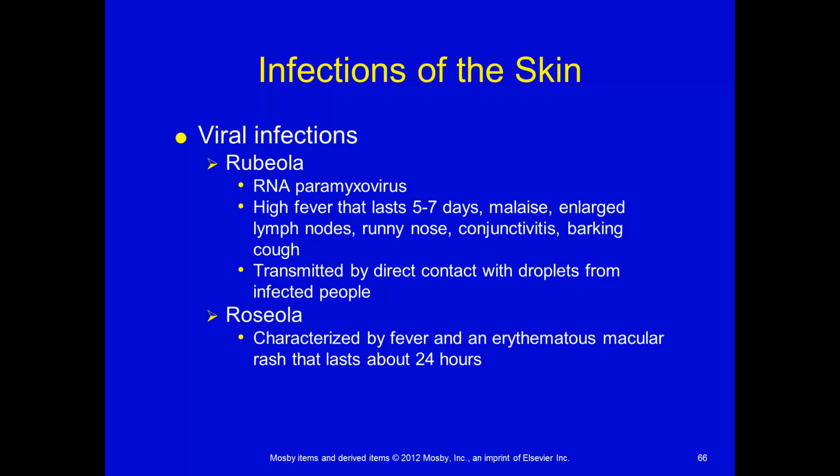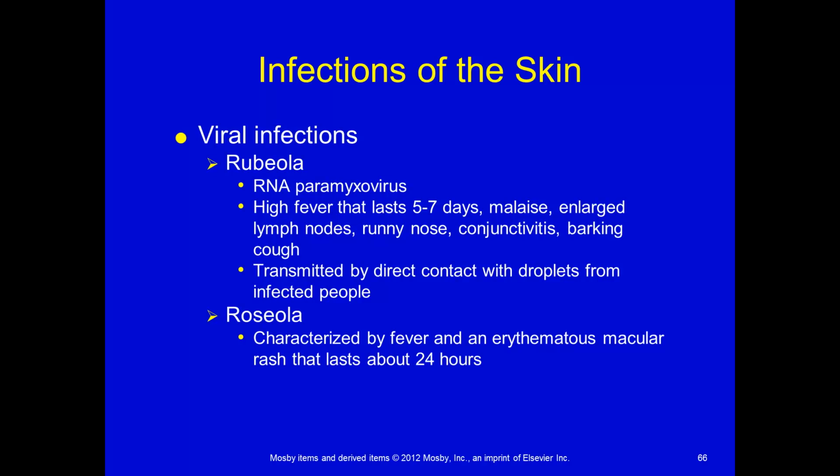Roseola is something you see very commonly after a child has had a virus: they've had a runny nose, a fever, a cough for several days, now they're feeling better, and 24 hours later the mom's putting them in the bathtub and they notice this very fine macular rash all over, mostly on the trunk, back, and lower extremity. And they're like, oh my gosh, what's happening? They're finally feeling better and now they have this new rash.